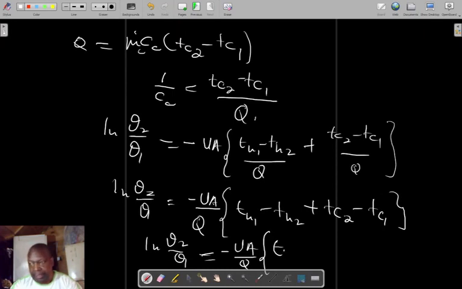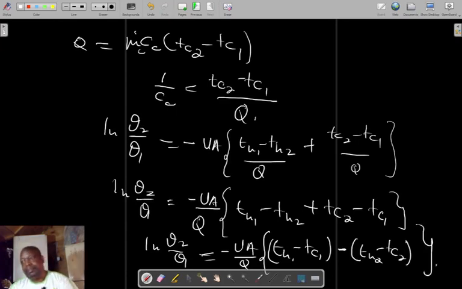I can put Th1 and Tc1 together, and Tc2 and Th2 together, and I'll put this as a minus such that Th2 becomes positive and Tc2 becomes negative.